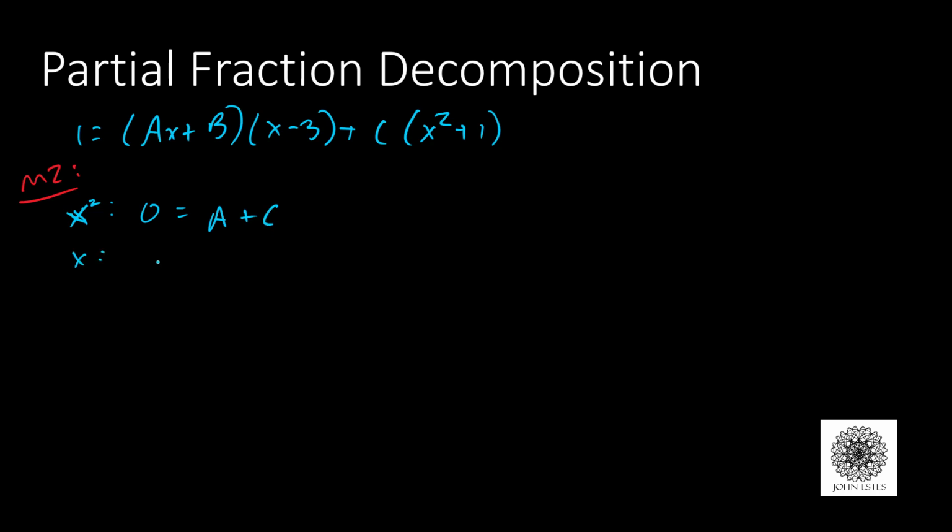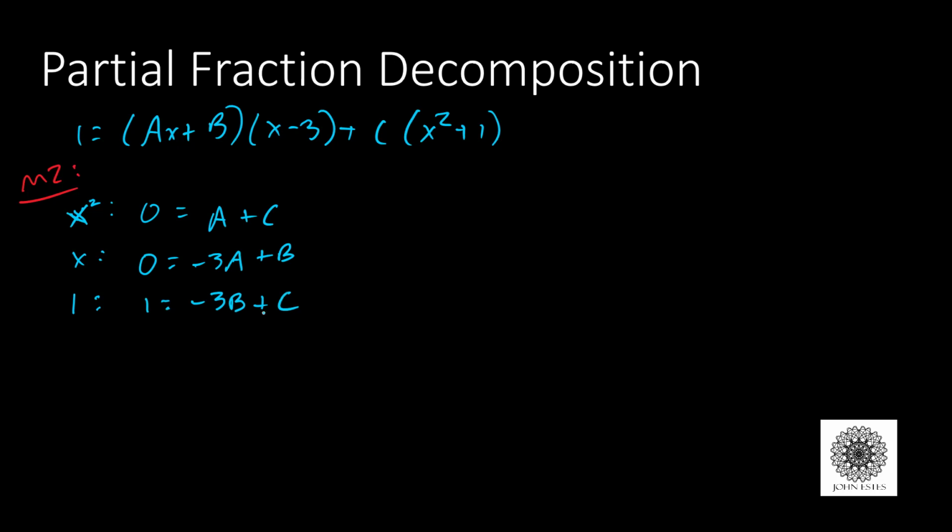If I look at my linear terms, again on the left hand side I have 0, and on the right, if you multiply this out, you get negative 3a plus b, and we have no c's that are linear. And then if I look at my constant terms, I'll call them my 1's again, I'll end up with 1 equals negative 3b plus c.